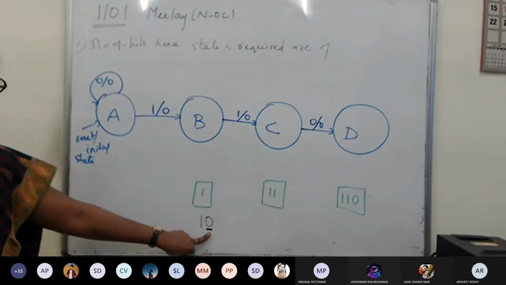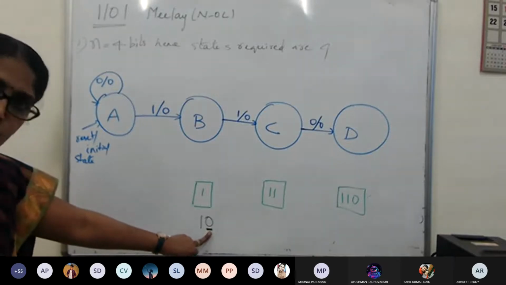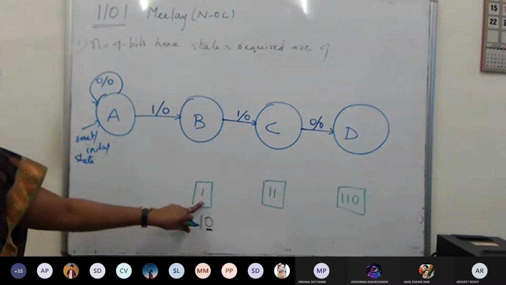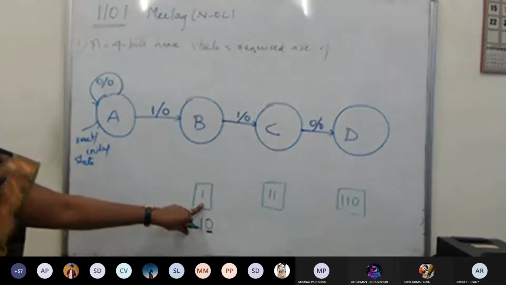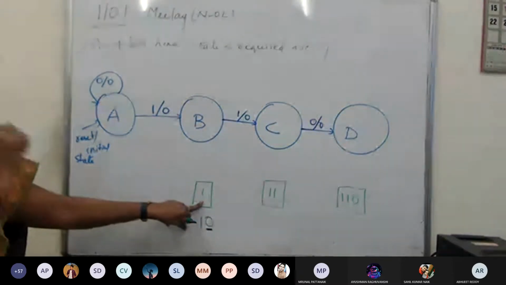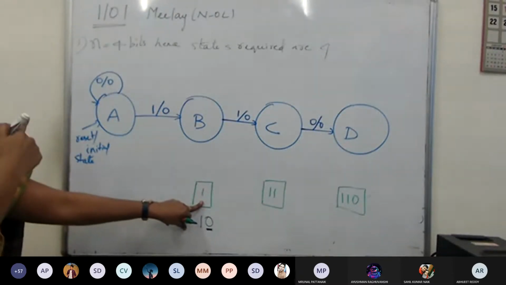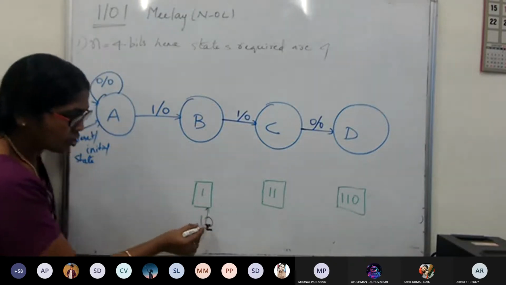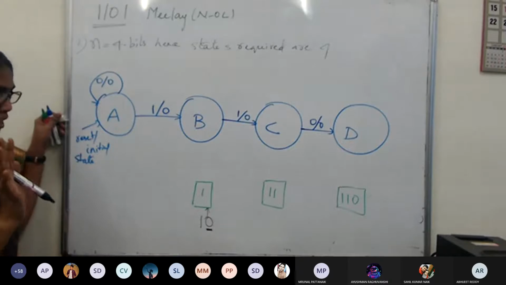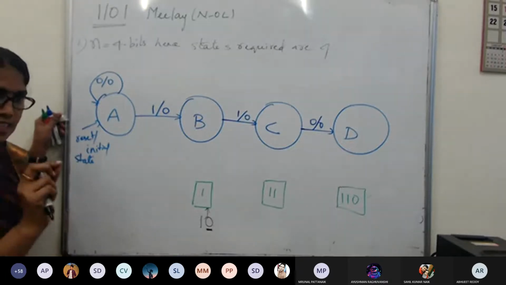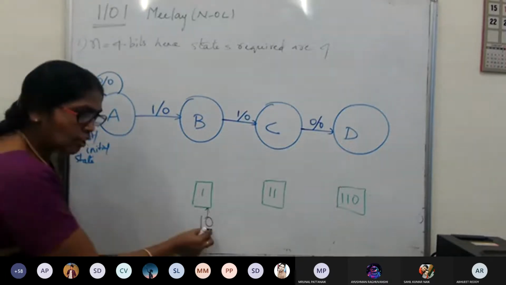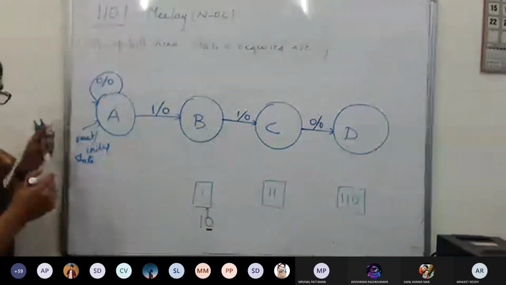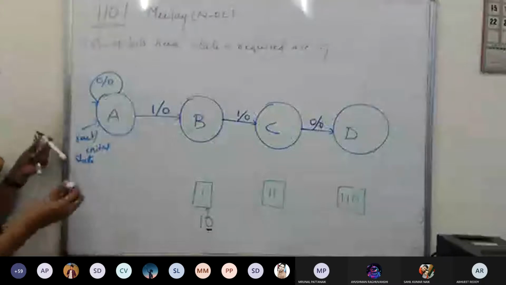So compare this bit with the bit in the box. If there is a mismatch, check for the previous one or take it back to the previous state. Now carefully understand. A comparison is done: are 0 and 1 matching? No. So the rule tells that for this input, go to the previous state. Who is the previous state? A.